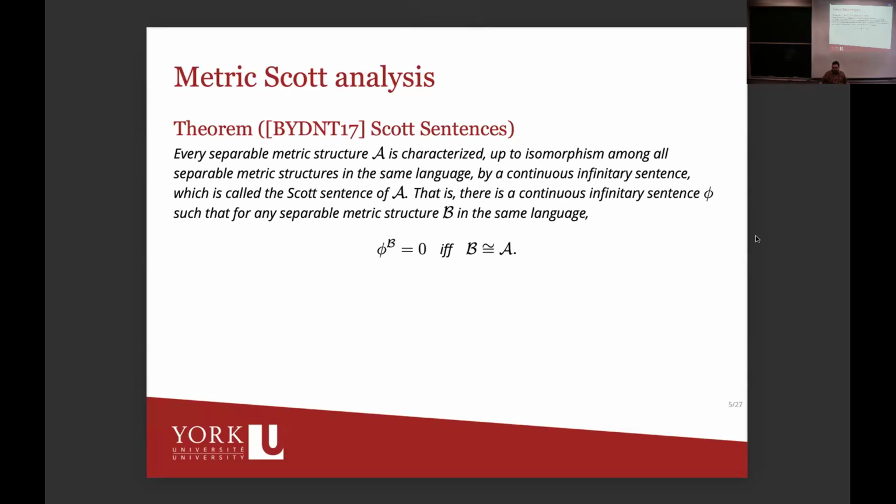Among the many things that they get in that paper is this Scott sentence result, which says, hey, if I have a separable metric structure in a language in continuous infinitary logic, I'll tell you the syntax eventually, I promise, it turns out that continuous infinitary logic is strong enough to classify separable structures up to isomorphism. So I find the sentence such that if I take every other separable structure in the same language, the sentence is 0 exactly when the two models are isomorphic.